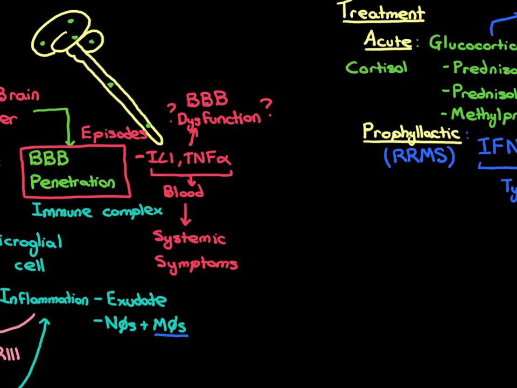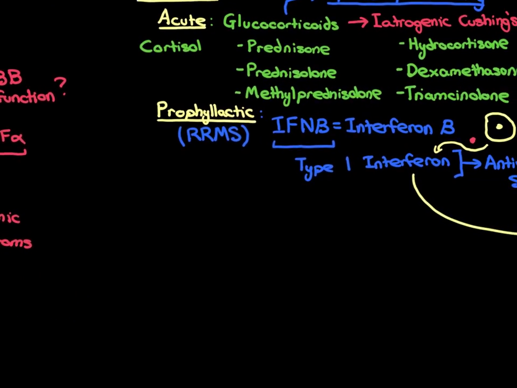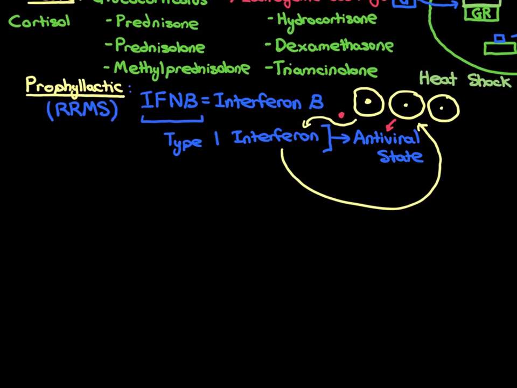So that might be a logical reason as to why giving high doses of recombinant interferon beta to people with relapsing remitting multiple sclerosis might reduce the number of episodes of white matter lesion formation that they suffer from.